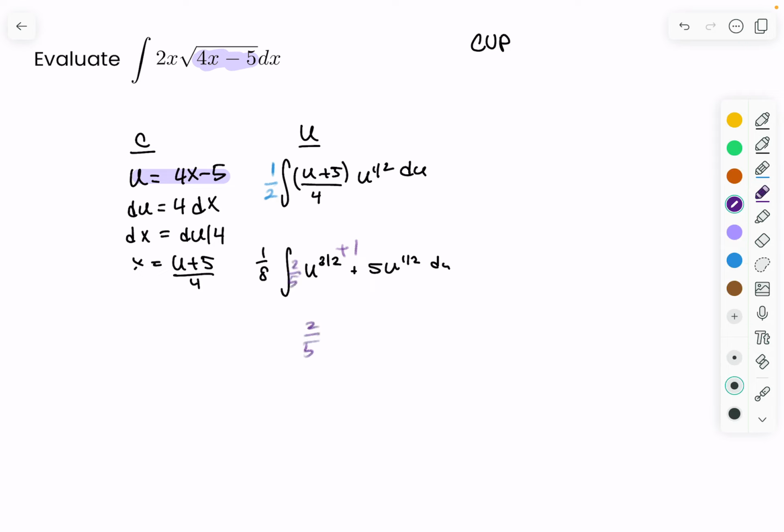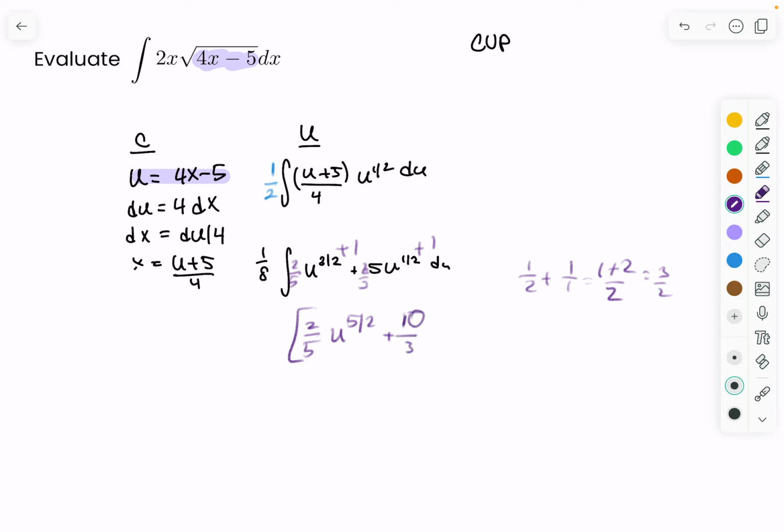So 2 over 5, u to the 5 over 2, plus, add a 1 here, so 1/2 plus 1 becomes 3/2. So this becomes 5. Remember, you're dividing by 3/2 or multiplying by its reciprocal. It's the same thing. I like to multiply by its reciprocal if it's a fraction. So that would be 2 over 3, so that's times 2 over 3. I could just say 10 over 3.